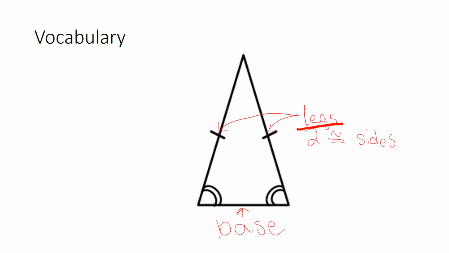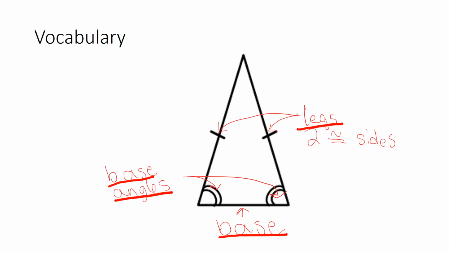The third side, the non-congruent side, is called the base. It will always be called the base. Then we have two angles called the base angles. These are the two angles connected to either end of the base.